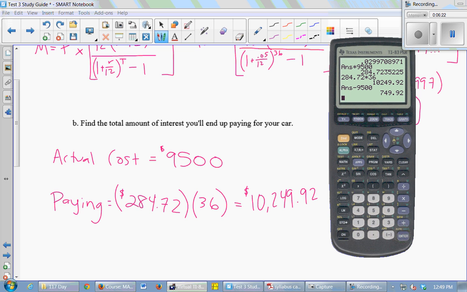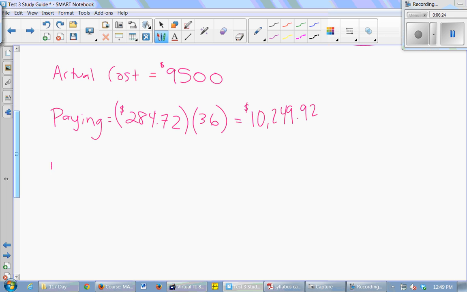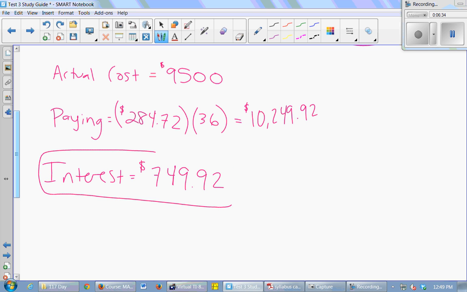So my interest is $749.92. So for the convenience of being able to finance the purchase of the car over time, you have to pay an extra $749.92.